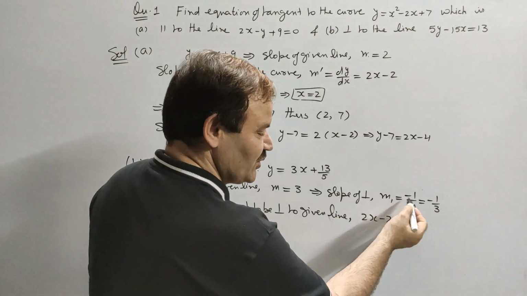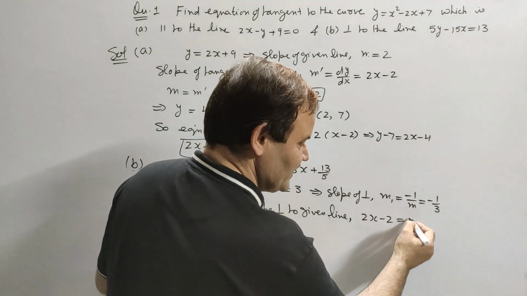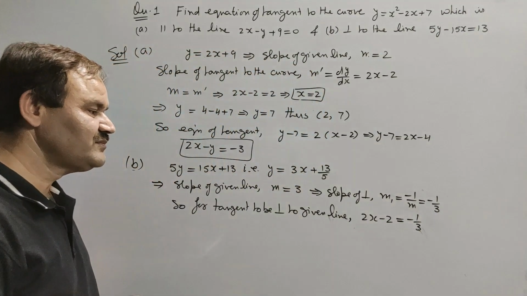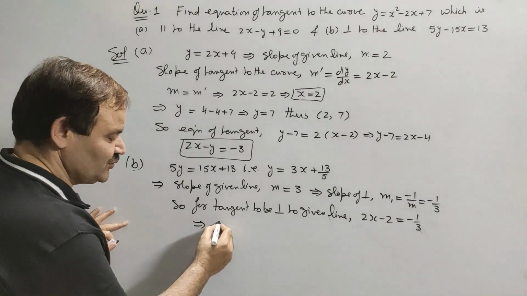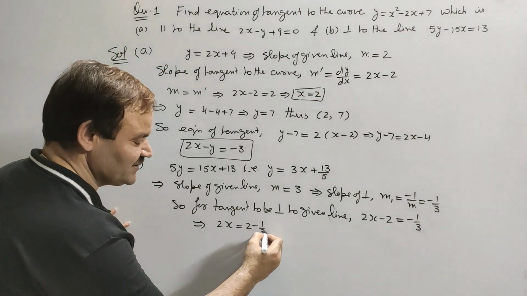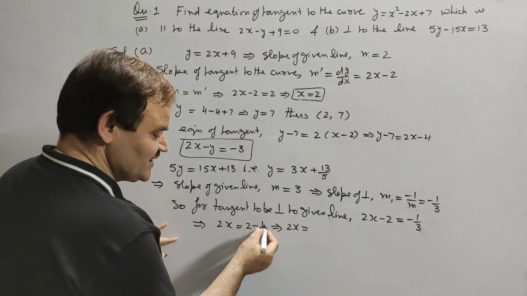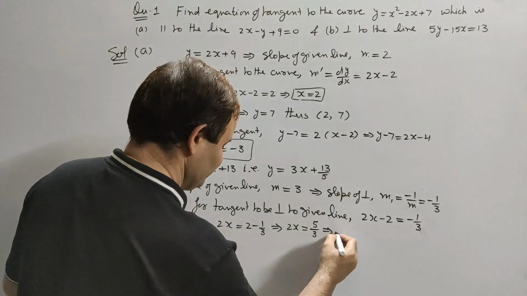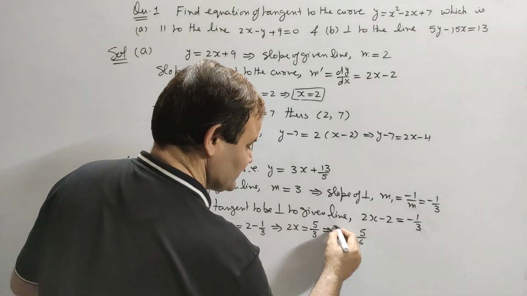So, the slope of the normal to this line being minus 1 by 3, 2x minus 2 will be minus 1 by 3. This implies 2x is equal to 2 minus 1 by 3, which implies 2x is equal to 6 minus 1, that is 5 by 3, which implies x is equal to 5 by 6.